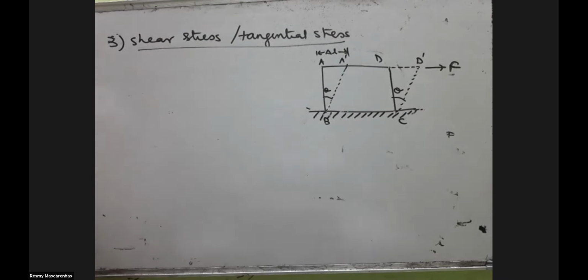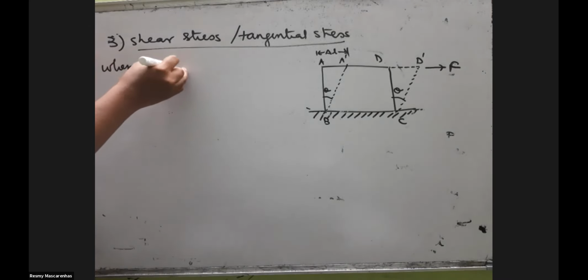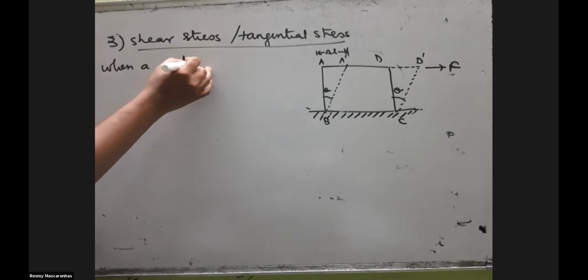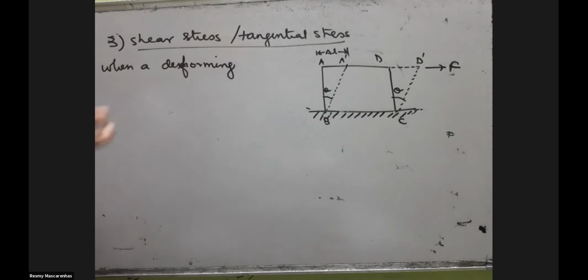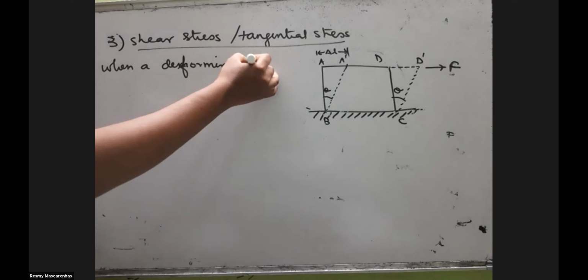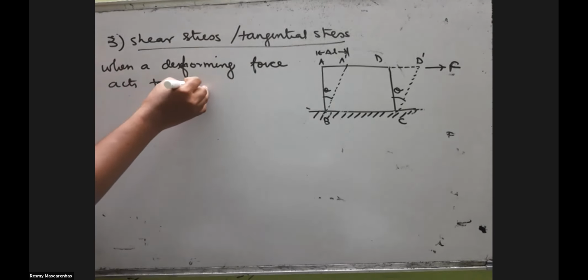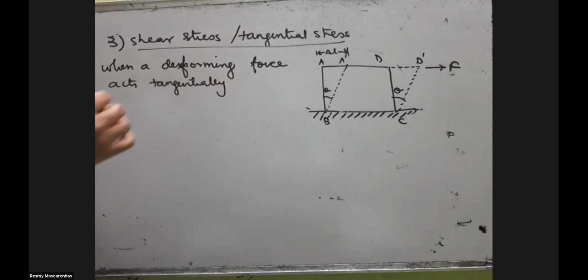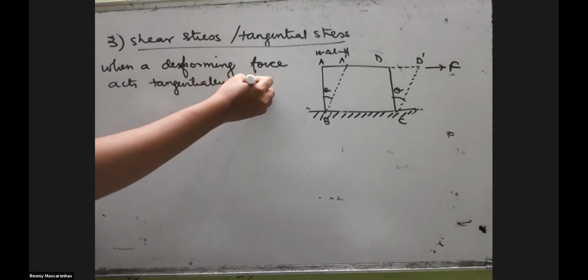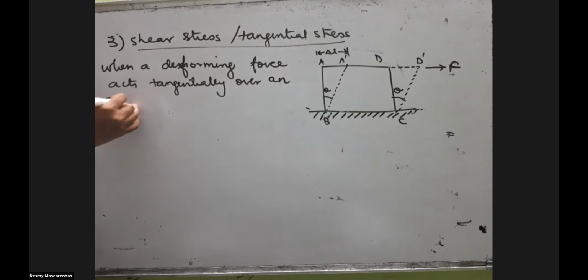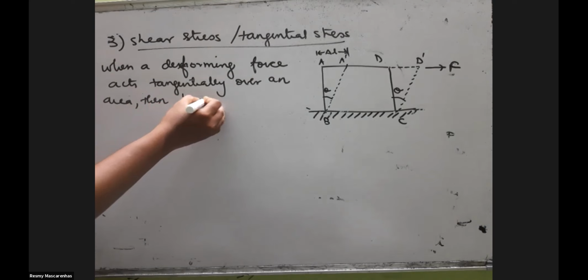Delta L. When you're deforming, force acts tangentially over an area. Then the body gets sheared. Sheared means what?